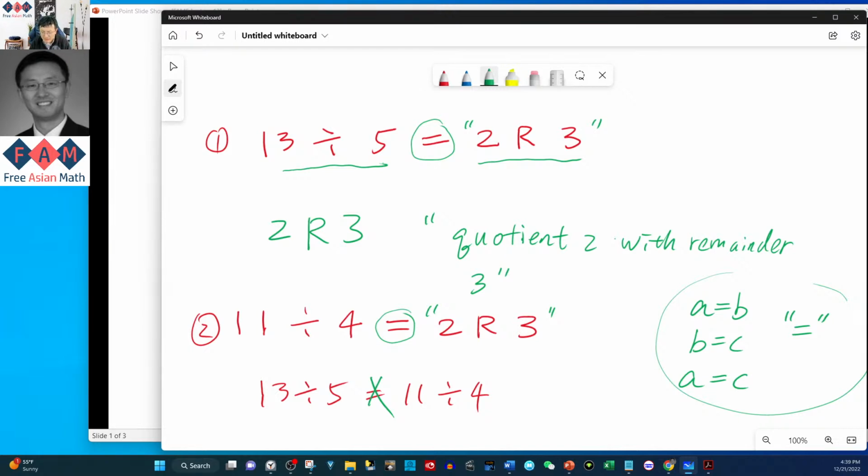The problem here is that what we want from 13 divided by 5 as an arithmetic operation is a predictable and unique result. That means that we want to get a number.